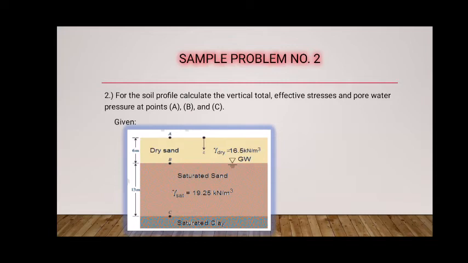Then at point C, we have the saturated clay. For our solution, at point A, since point A is at the ground surface, our final answers for total stress, pore water pressure, and effective stress are all equal to 0.